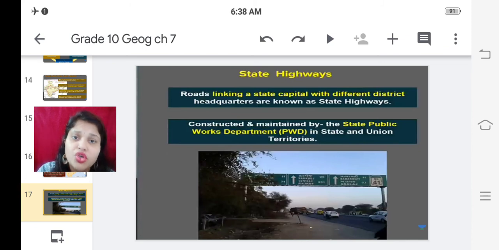Such highways are constructed under the state to link the capital of the state to other districts of the state. Okay, for that purpose, constructed and maintained by the state Public Work Department. So we can call it SPWD or PWD. PWD constructs and maintains roads within the state.